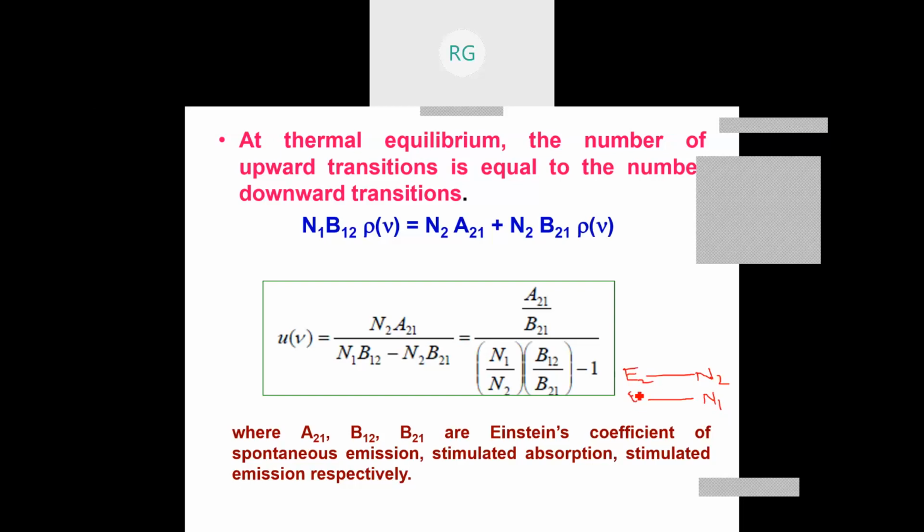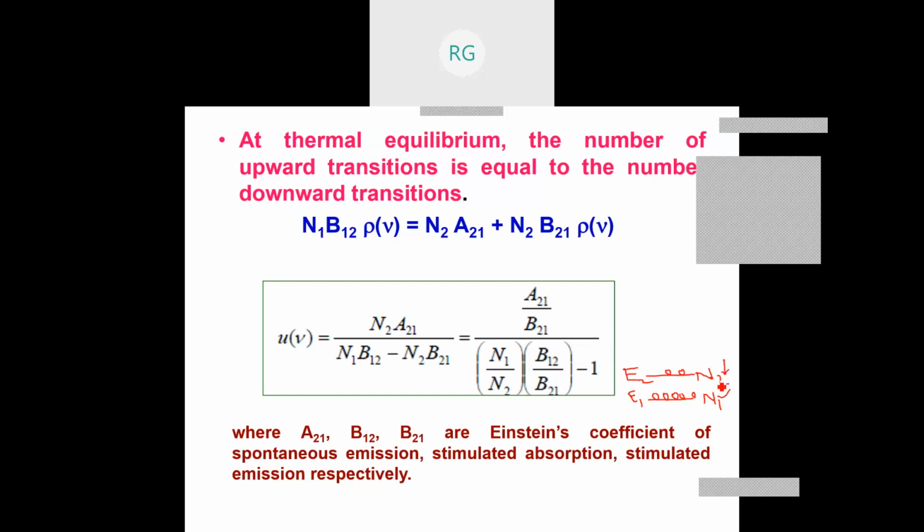Now Boltzmann stated that there will always be more atoms in the lower energy level because it's an equilibrium state, and if you supply energy or increase the temperature, there may be one or two atoms at the top, but always the number of atoms in the lower energy level is high compared to the higher energy level E2.